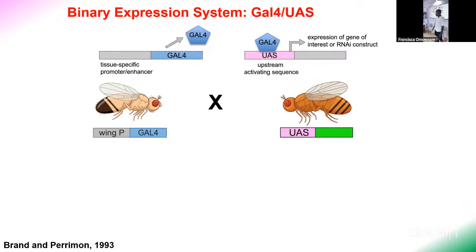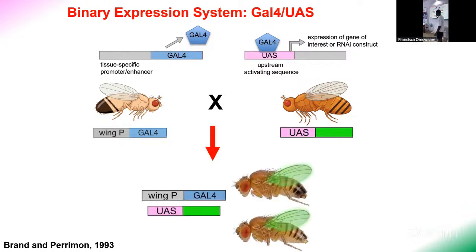They can be on different chromosomes. They can be on the same chromosome. We're going to allude to that in the crossing scheme. Then your product is going to carry both. You can see that none of the parents have got GFP, because on their own, they can't do anything. But together, you can light up the wing.